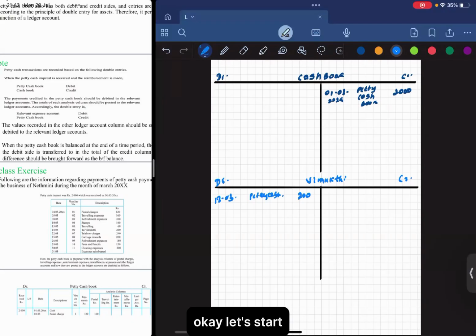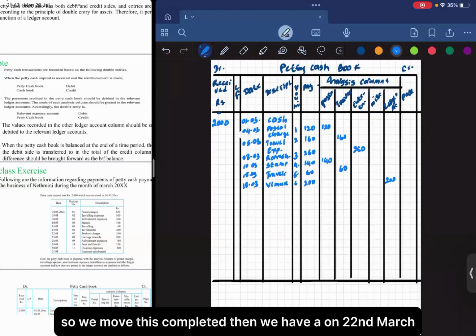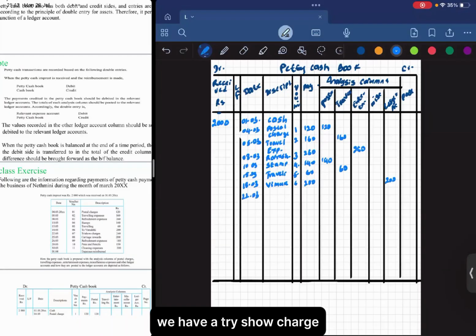Okay, it's done. So Vimukti is completed.